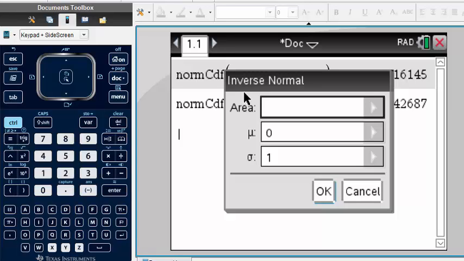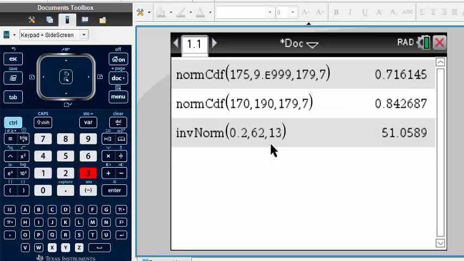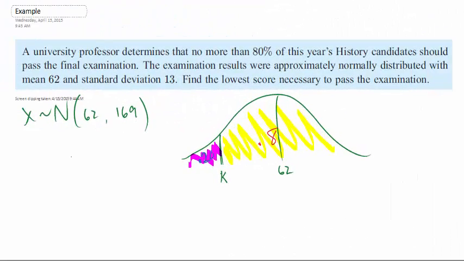So we don't use 0.8, we would use 0.2. And the mean was 62, and the standard deviation was 13. We do our calculation. There's our score, 51.05.